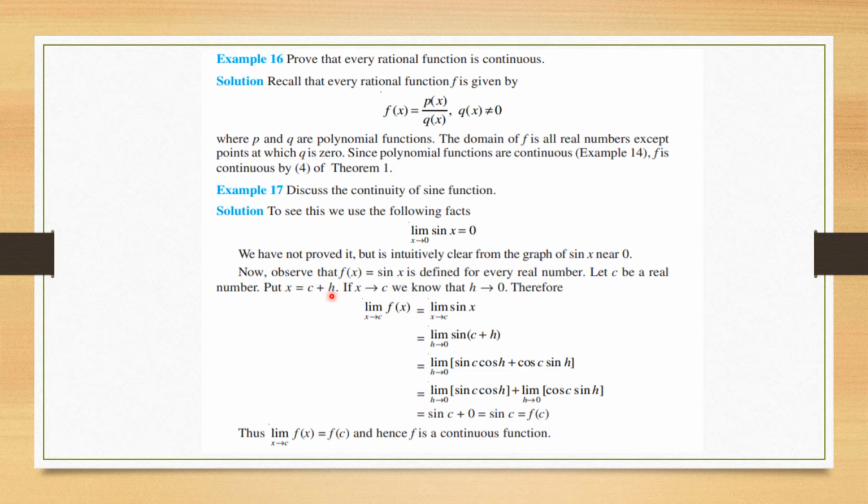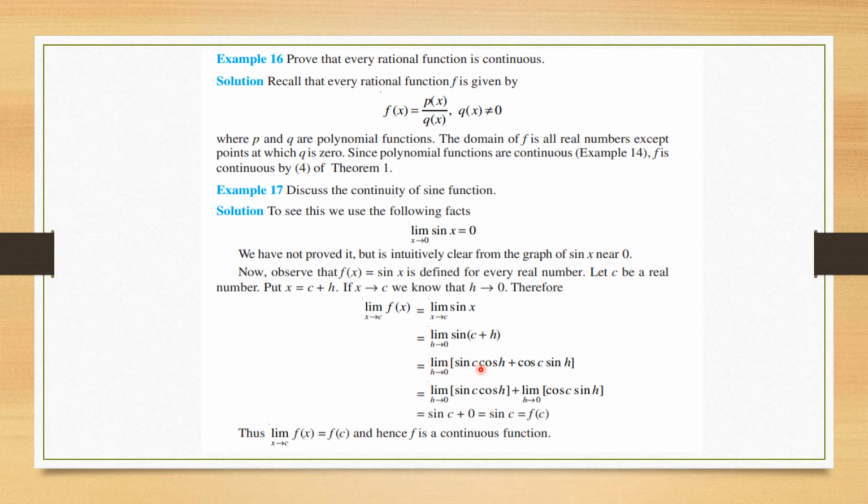You know how to check the right limit. We put x equal to c plus h as x approaches c, and h will approach 0. So let us check what will happen. Now I will change x by c plus h and open the formula for sin of a plus b, which is sin a cos b plus cos a sin b. The constant c is constant as the limit is of h.